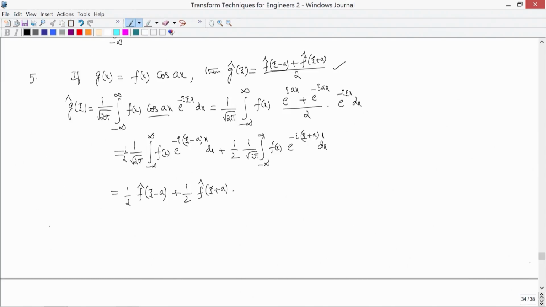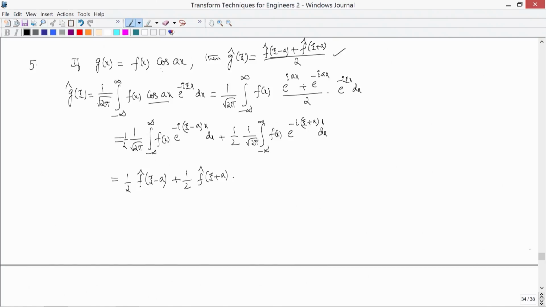Okay, so some corollaries of this property, a similar property you can work out. I will just give you what happens if you take the sine function: you have a minus here, divided by 2i. If it is not cosine, you can also write sine. If it is sine, what happens? Let me write it as another property. If g of x is f(x) times sin a x, you can take this as an exercise, or look at this: instead of cosine you have sine.